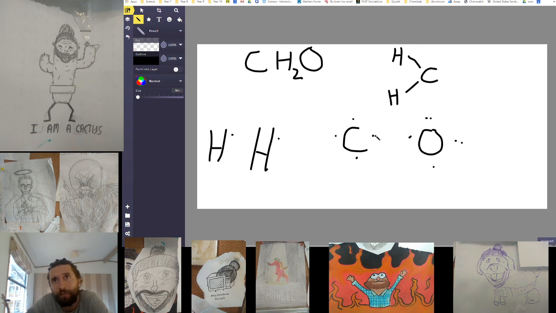Now this carbon's got 2 more lone electrons for bonding, but there's only 1 more atom, the oxygen, for it to bond with. However, it's got 2 unpaired electrons, and so does oxygen, so it is going to form a double bond. That one with that one, and that one with that one.